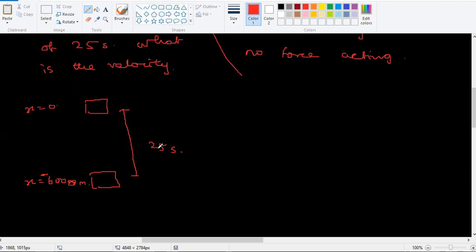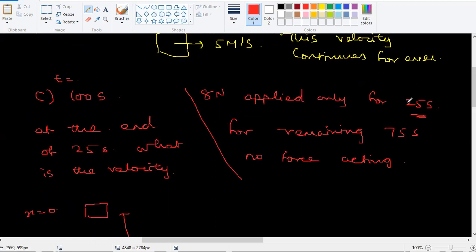Again, I think I made a mistake here. The previous question was for 30 seconds, right? Previous part was 25 seconds. So the force is applied for 30 seconds. Okay, I think I confused you a little bit here.